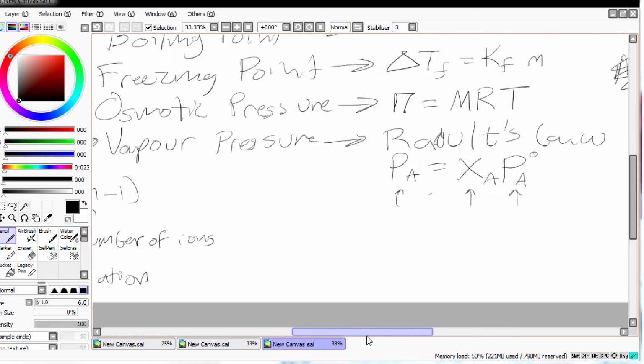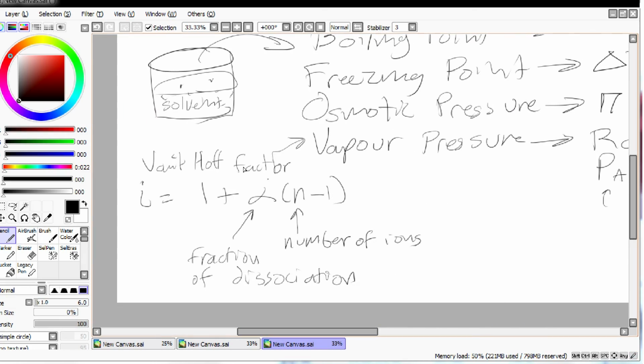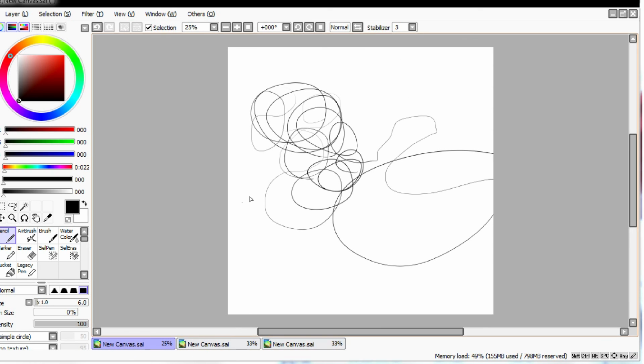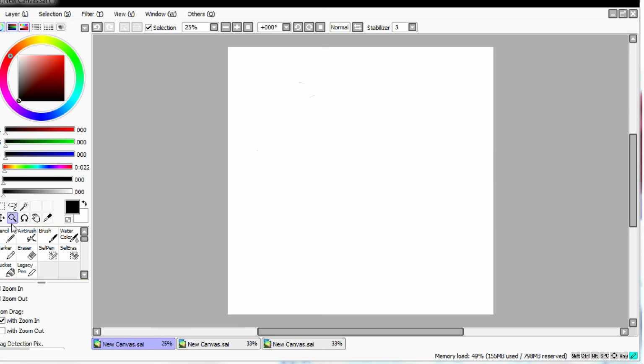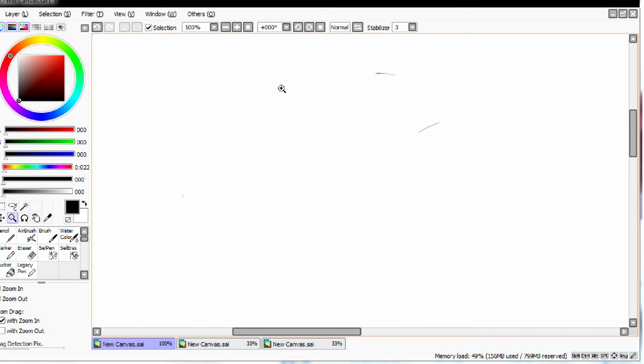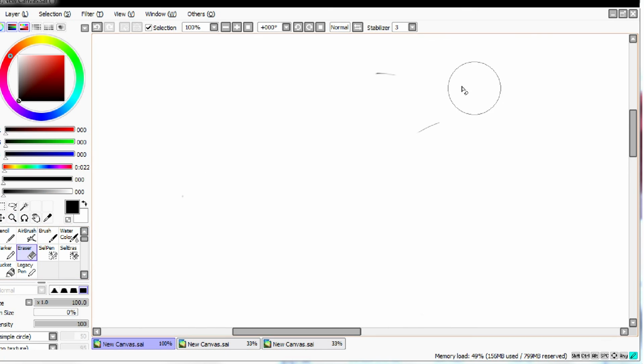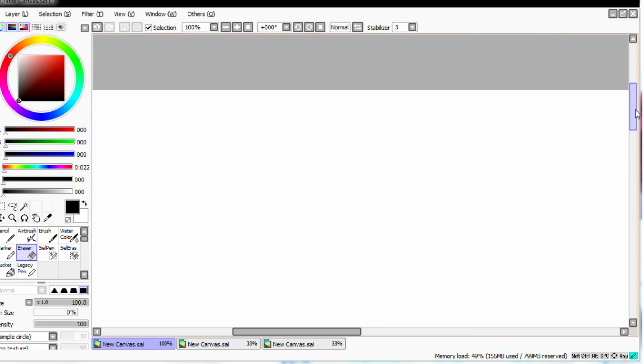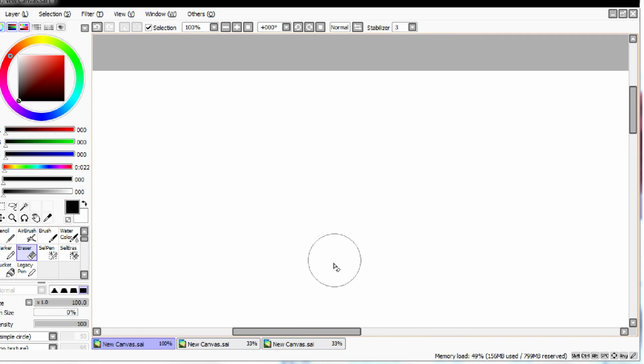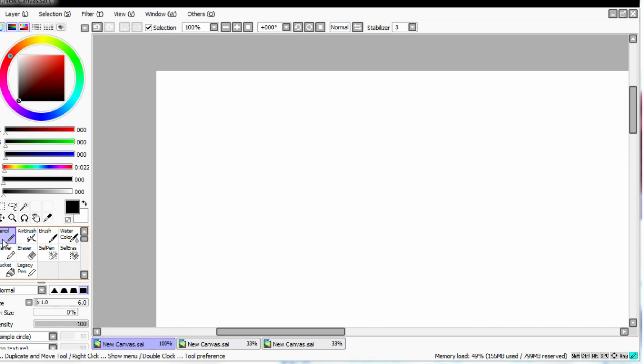So let's take a look at how this would be used in a problem. As you can see here, some of my beautiful art. Let me erase that for you. Okay, so here's an example problem from an online assignment I had recently.